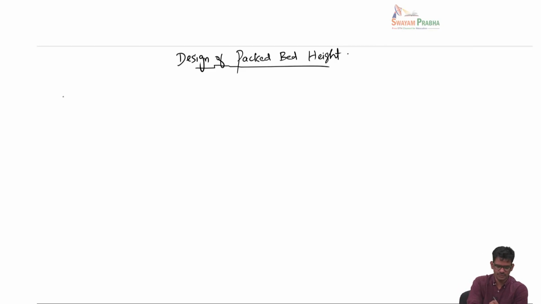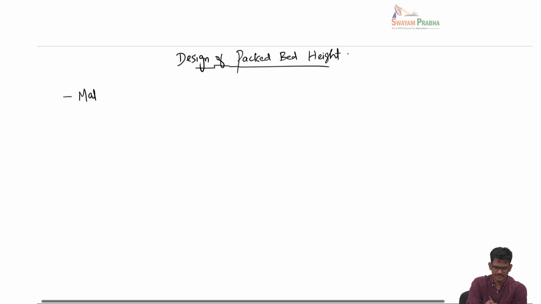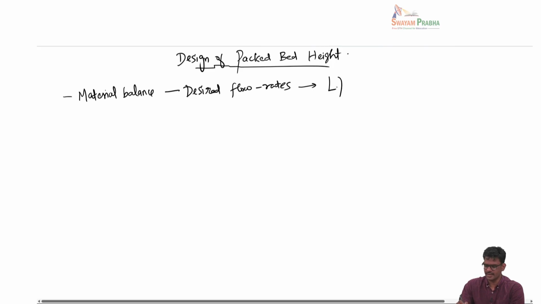Okay, so using material balance, desired flow rates are specified. This includes the calculation of minimum flow rates.